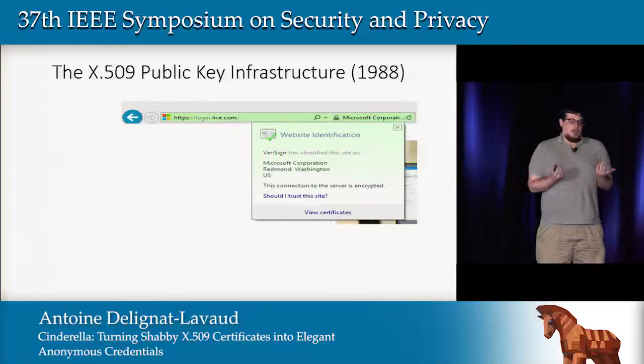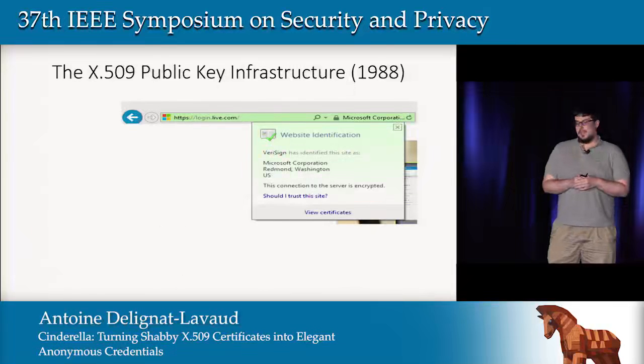As you probably know, the X509 PKI, the public key infrastructure, is what is used for all kinds of client and server authentication purposes since it was created almost 30 years ago.